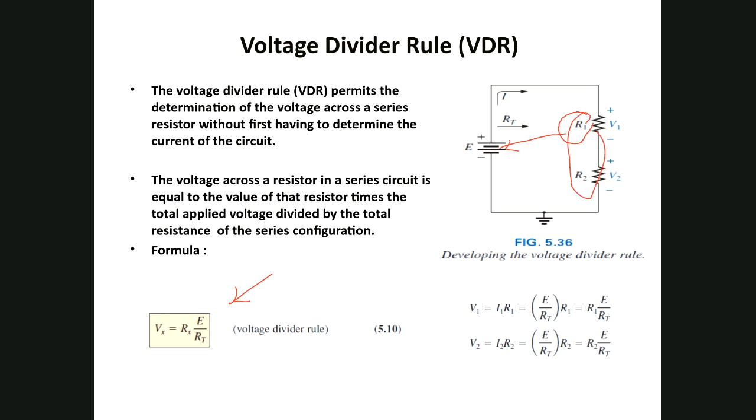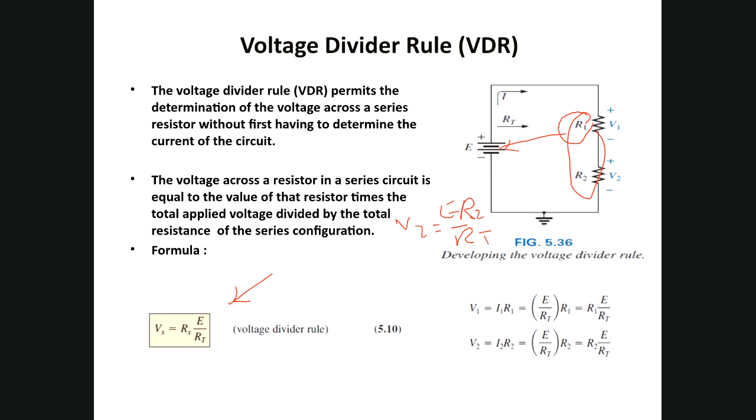You can find V1. If you want to find V2, again, the supply times R2 over RT. A very simple and really good formula to find the voltage drop without using Kirchhoff voltage law and also without using Ohm's law.